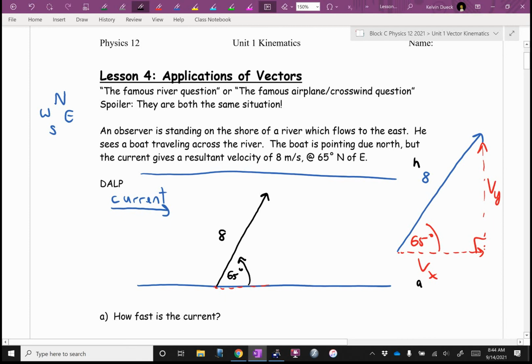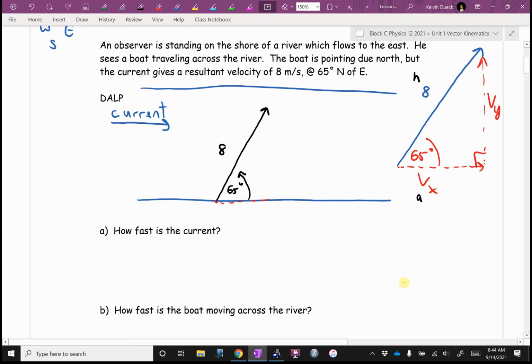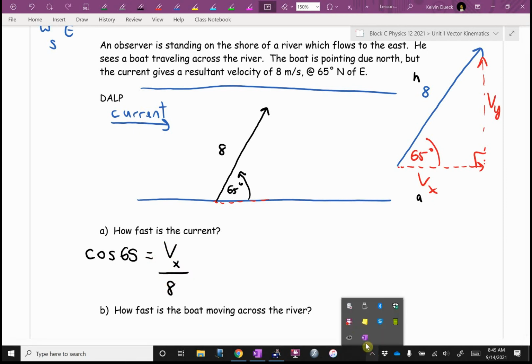Yes, you are correct. Someone said it wants me to find the adjacent, Francesca. You're right. Alicia, which trig function? Very good. Got a couple latecomers.